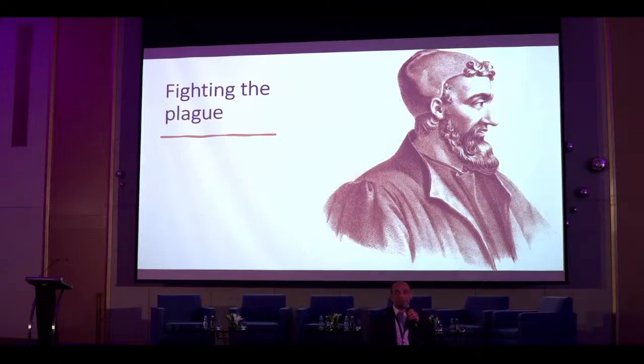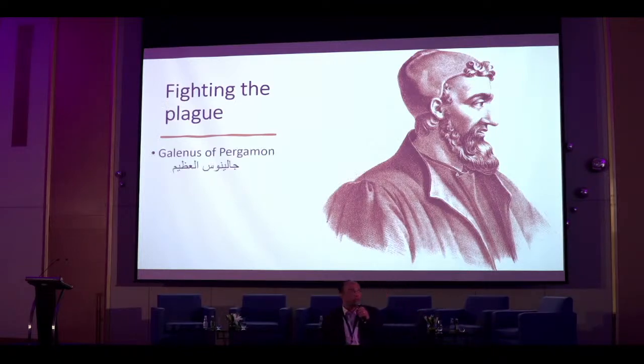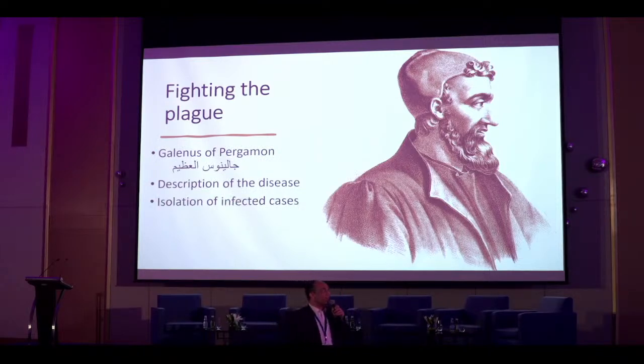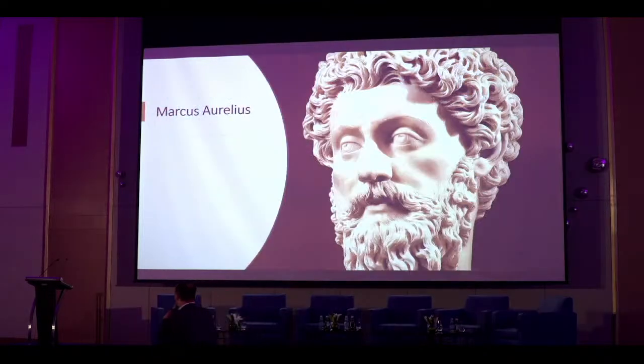In fighting this Antonine plague there was Galen. We all read about Galen in anatomy as a great anatomist. He is very famous, and he described the disease, and most of his description goes with smallpox, so most probably it was smallpox.